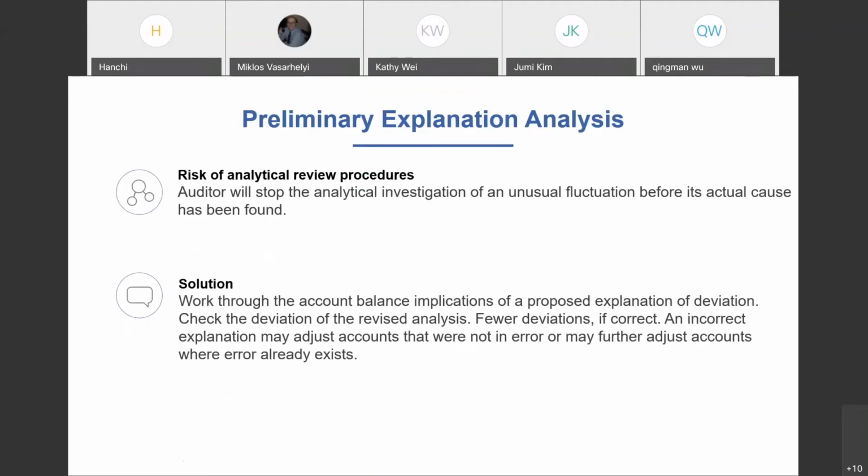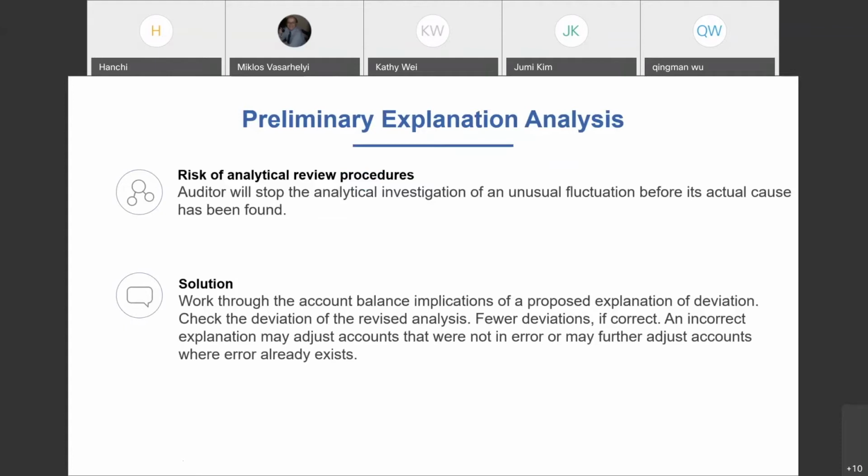Of course, all the analysis above is a good method. However, there is risk, so we need to do preliminary explanation analysis. The risk is that the auditor will stop the analytical investigation of an unusual fluctuation before its actual cause has been found.